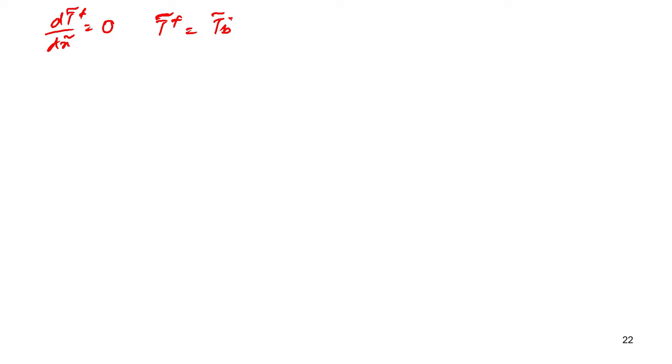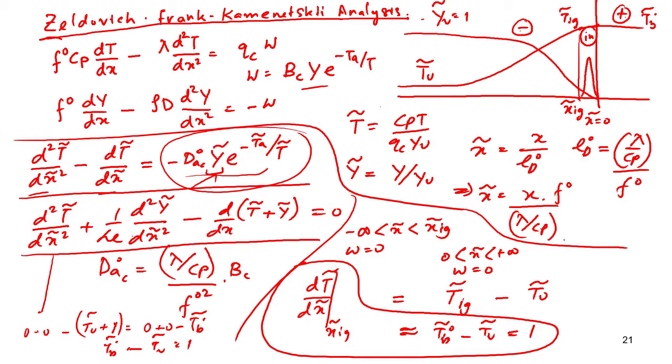Okay. So, that is all that you can have on the plus side. We will keep this stored in the previous slide. So, your dT tilde dx tilde plus is equal to 0, and your T tilde plus is equal to Tb0 tilde. Okay. So, these are the things that you have.